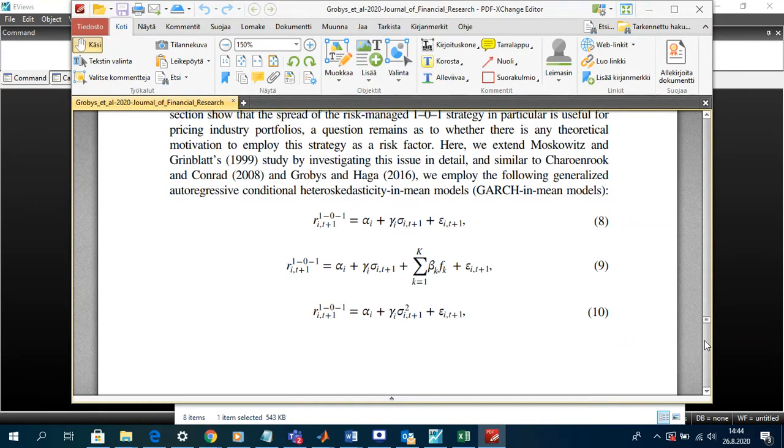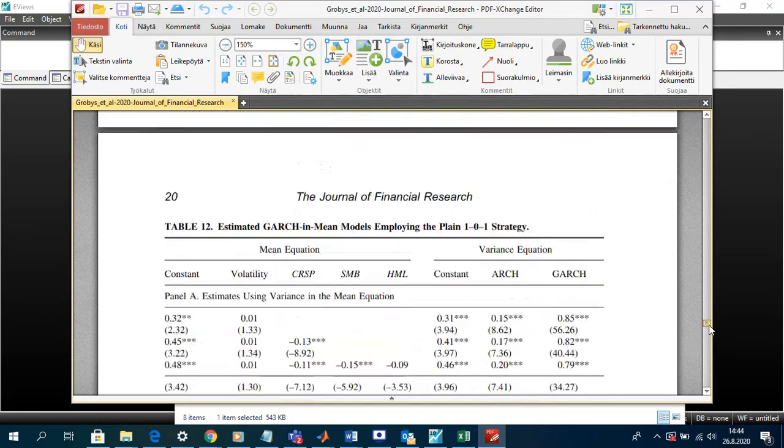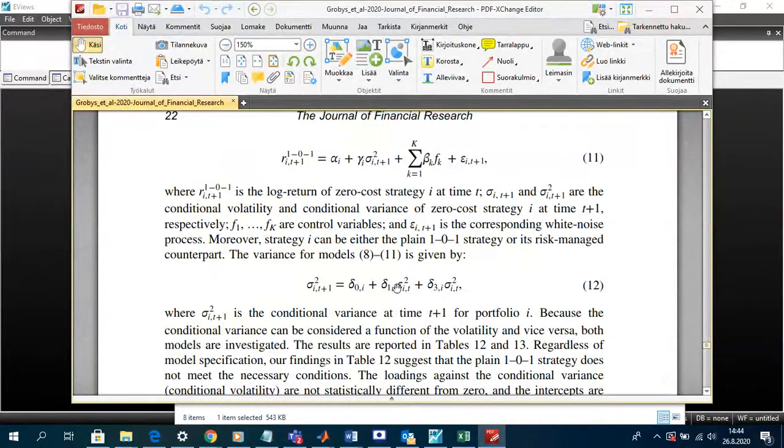In EViews notation, our C in the mean equation measures our alpha, and in the variance equation, our GARCH term is this guy here. It gives us the point estimates then, of course, for this delta 3, and our ARCH term is the epsilon squared, the squared residual from the mean equation, which is a measure for the innovation part of the variance equation. So this is then related to our delta 1.